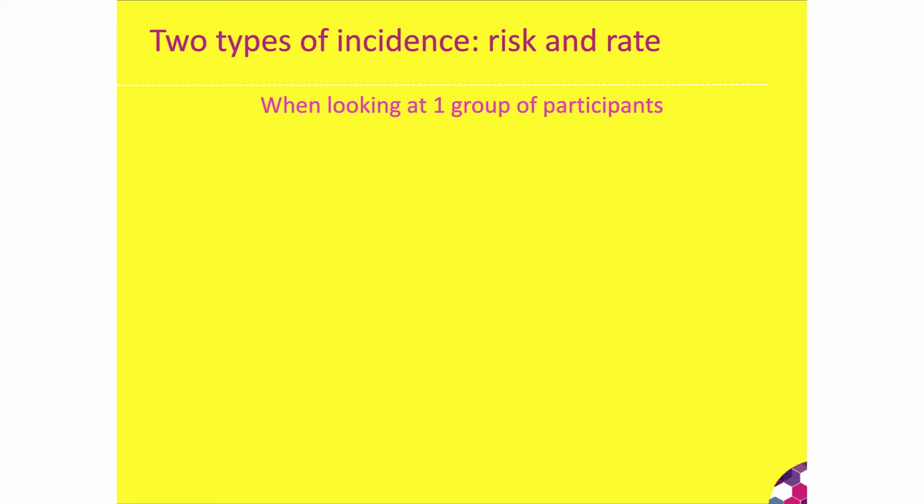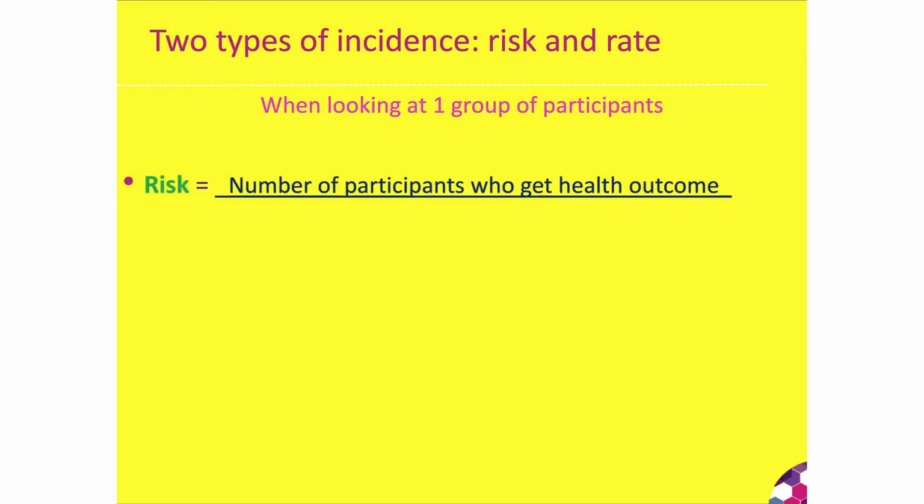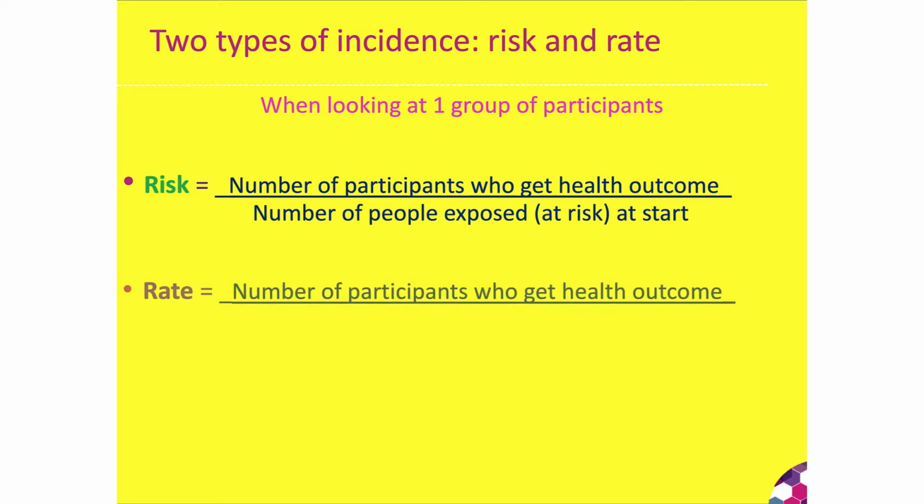So when looking at one group of participants, risk is the number of participants who get the health outcome divided by the number of people exposed at risk at the start. And rate is the number of participants who get the health outcome, exactly the same as for risk, but divided by the person years at risk.